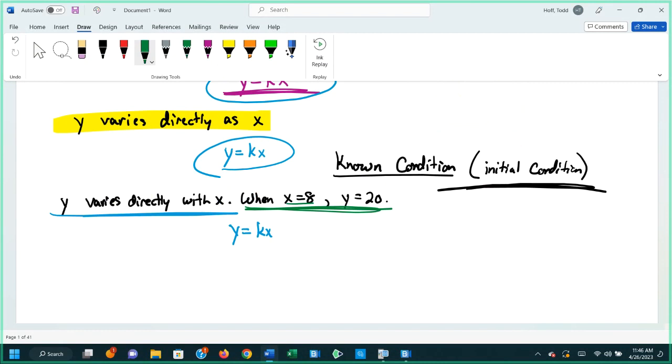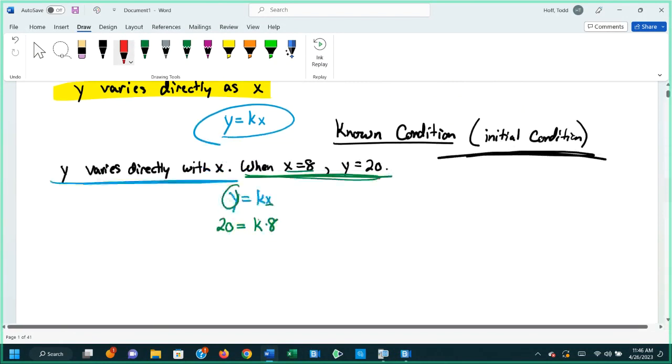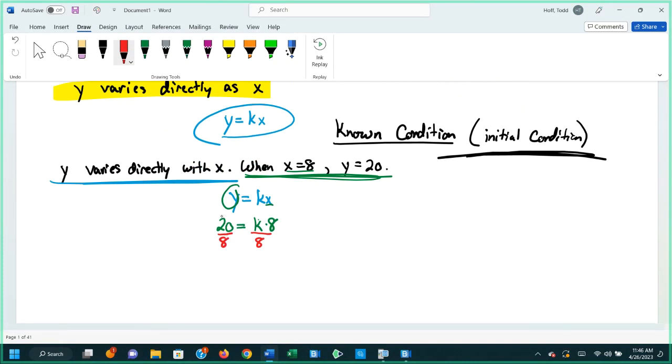And so what that allows us to do is to plug into this formula, replace y with 20 and x with 8. And now we can solve to find what the value of that constant is, what k is. So divide by 8 to solve that equation. 20 divided by 8 is 2.5.